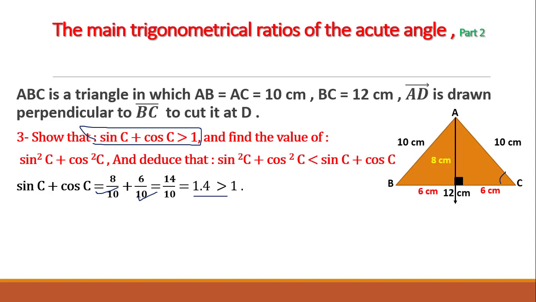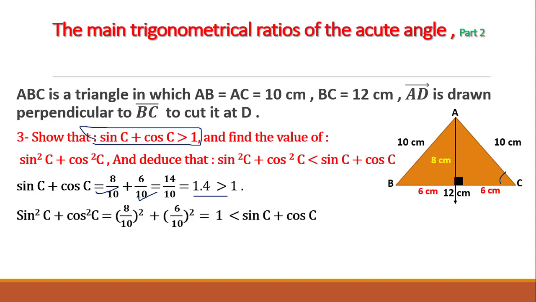Okay, find the value of sine power 2C plus cosine power 2C. Sine power 2C means 8 over 10 all power 2, which is 64 over 100, plus 6 over 10 all power 2, which is 36 over 100.